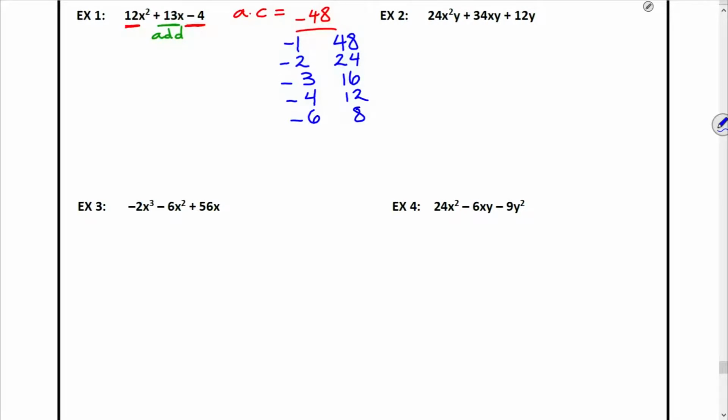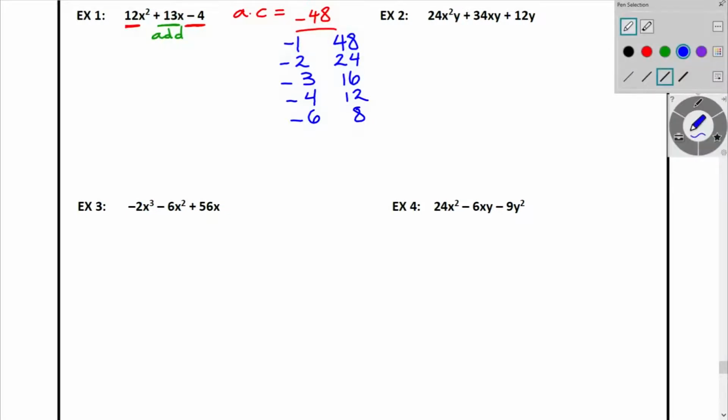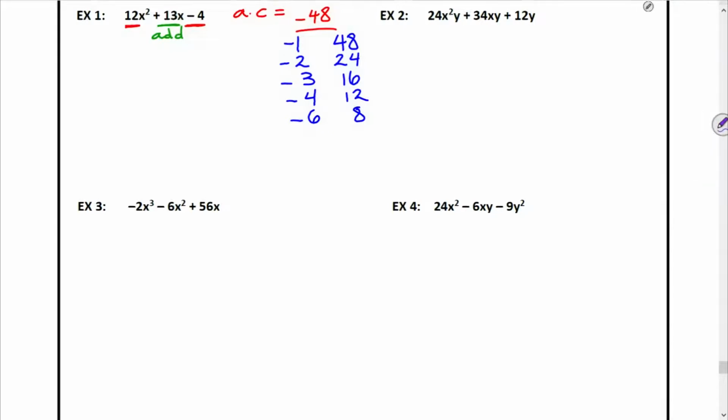Those are all my factors of 48 where the bigger number is positive, so that when I multiply I get negative, but when I add I get positive. Do any of these add to be 13? Well, yeah, this pair right here, negative 3 and 16, will multiply to be negative 48, that A times C number, and it will add to be 13.